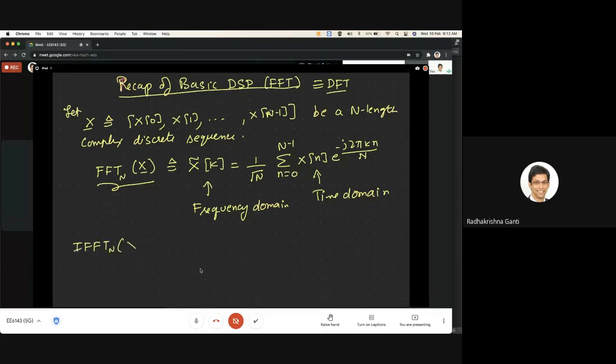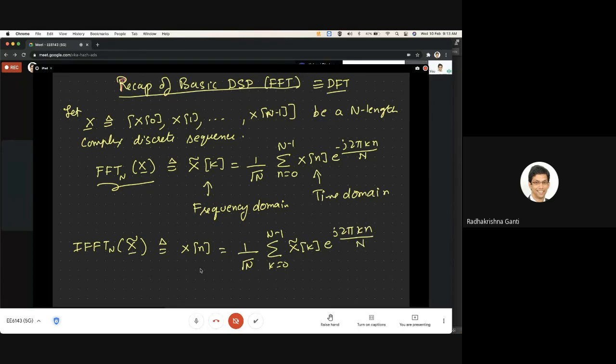Again, for x tilde, the output of the IFFT will be the time domain signal x of n, defined as 1 by square root n, sigma k equal to 0 to n minus 1, x tilde k, e power j 2 pi k n by n.